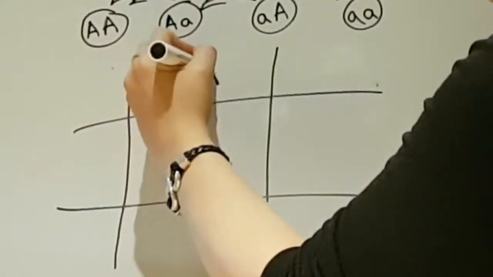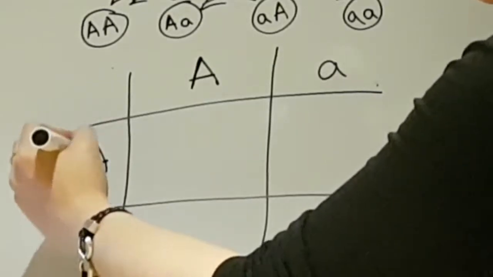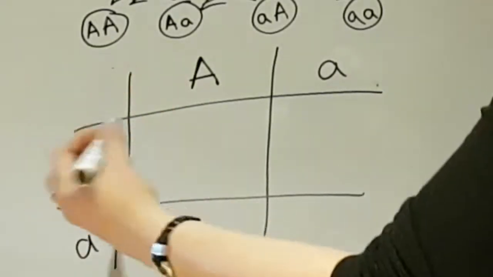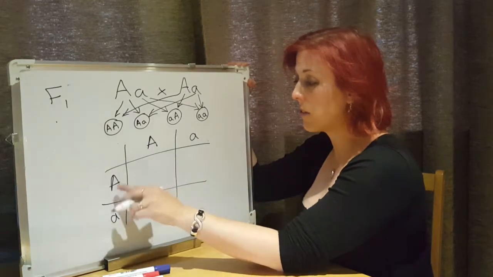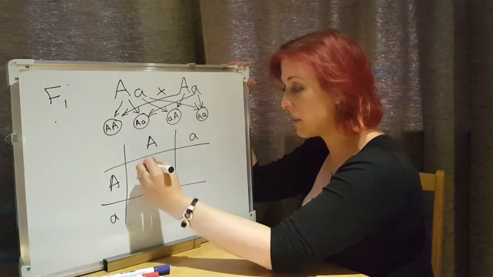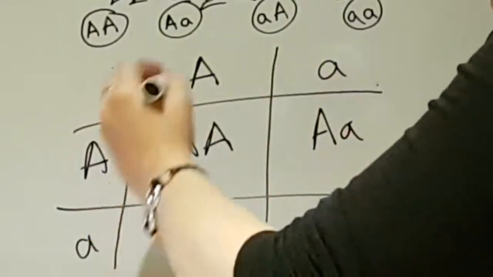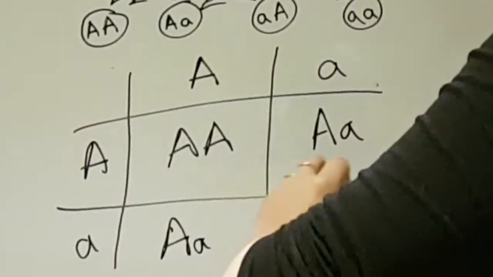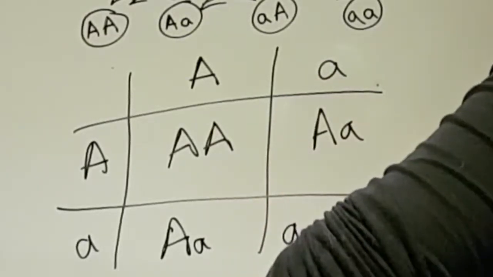So we have a big A, dominant allele, we have a little a, big A, little a, and then you look at the product in here. We've got a big A and a big A, so we've got a homozygous dominant. Here we have a heterozygote, here is another heterozygote, and here is a homozygous recessive individual.